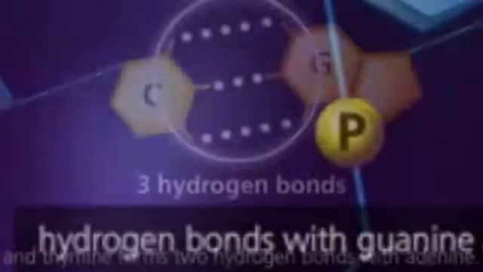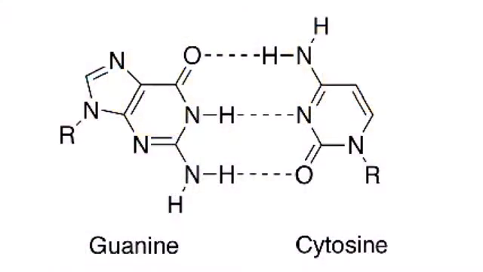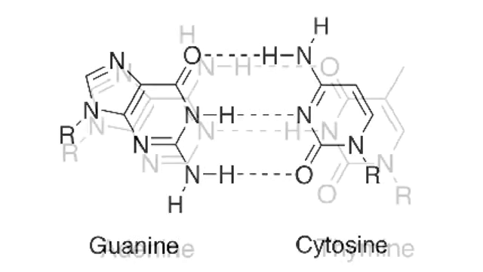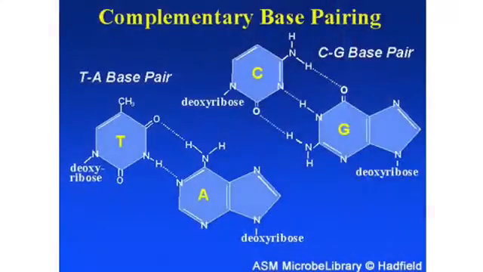Cytosine forms 3 hydrogen bonds with guanine, and thymine forms 2 hydrogen bonds with adenine. This is referred to as complementary base pairing.